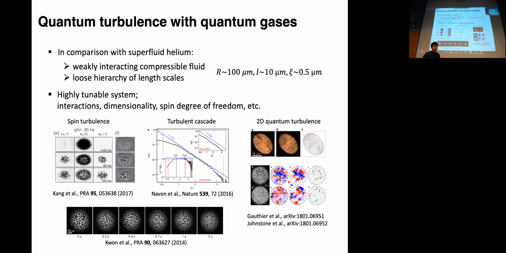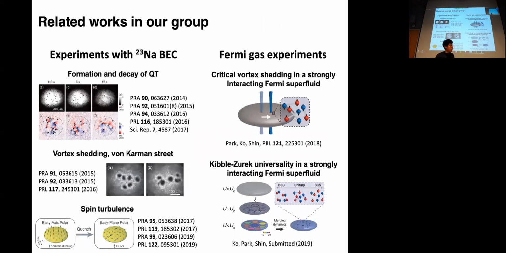In talks, we've already heard about, for instance, the study of Onsager vortex clustering in 2D quantum turbulence in atomic BECs. Also, Nir has talked about the observation and study of wave turbulence in box potentials. And our group in Korea is also very much interested in studying the phenomenon of quantum turbulence.